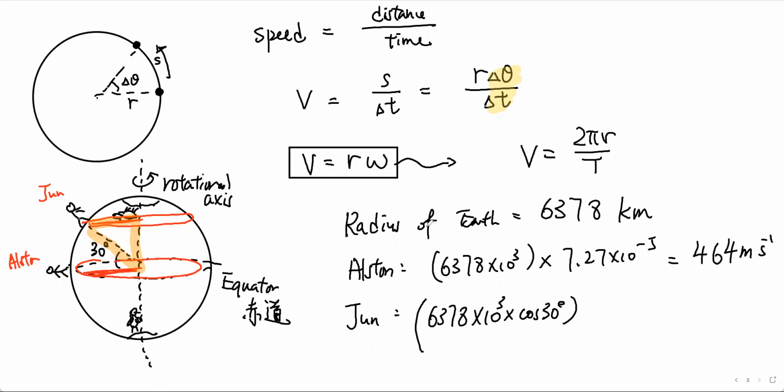The hypotenuse is the radius of the Earth. And then this angle is also 30 degrees, right?